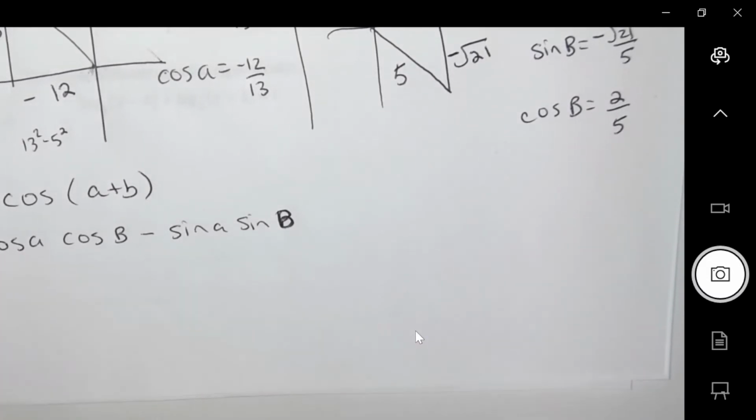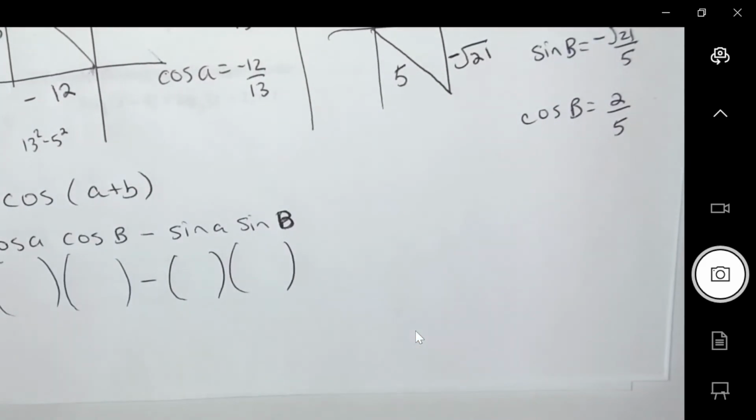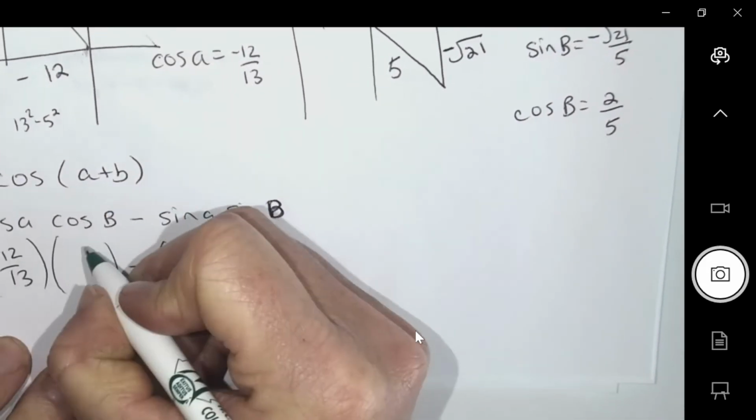Okay, so I copied that off the formula sheet. And now I'm going to put 4 brackets, and all the work is done, so I just have to fill those in. So the cos A, replace with the fraction that you had.